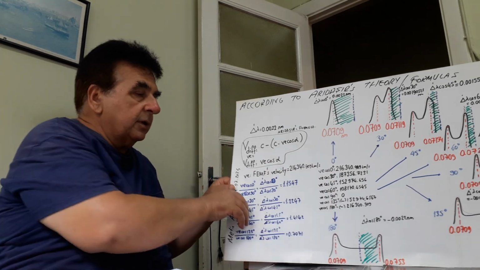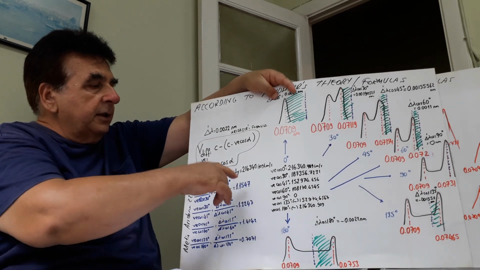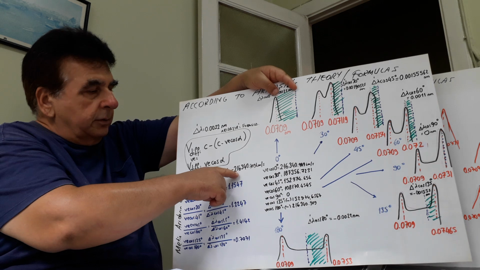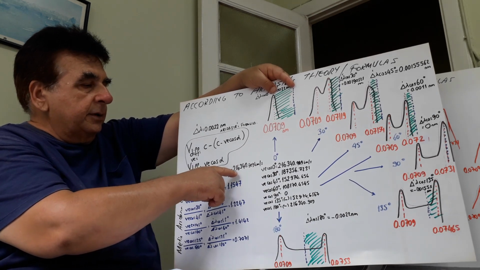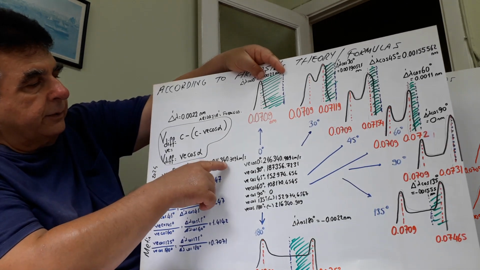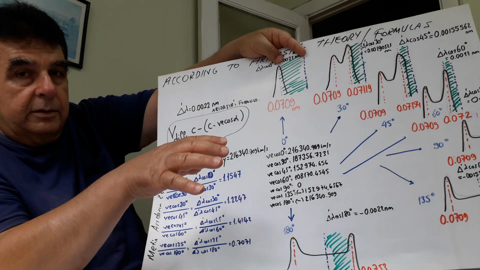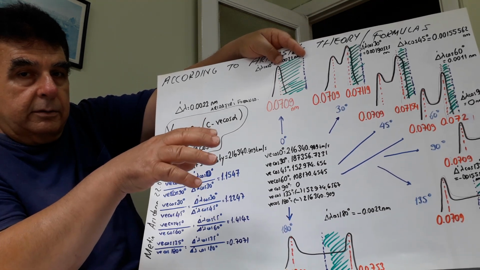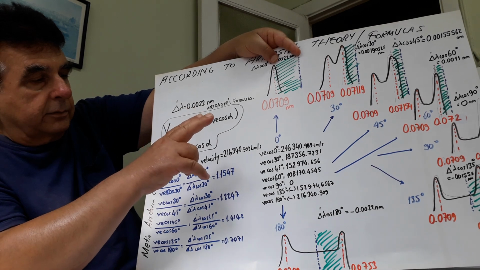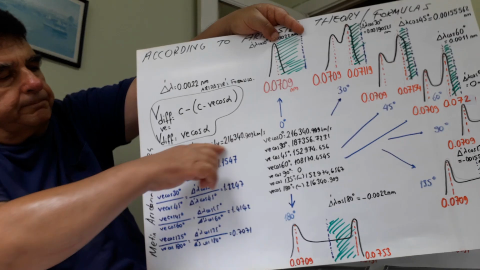At first, the electron motion form's velocity, from my previous videos, is 216,340.9, approximately near the speed of light.